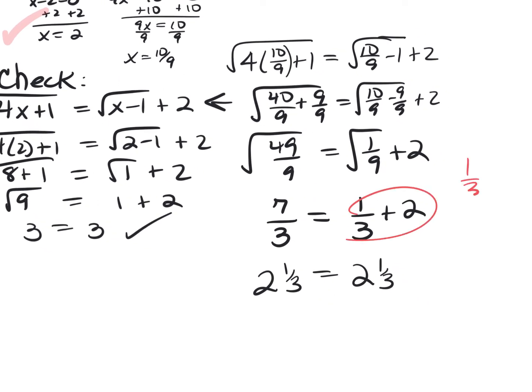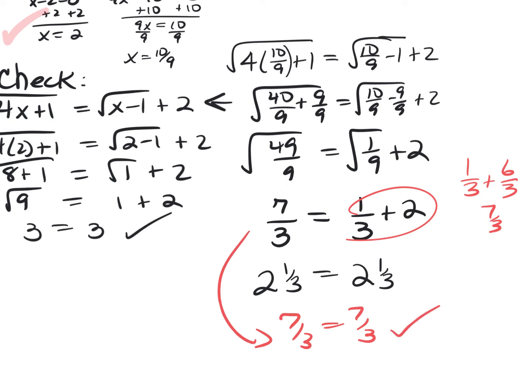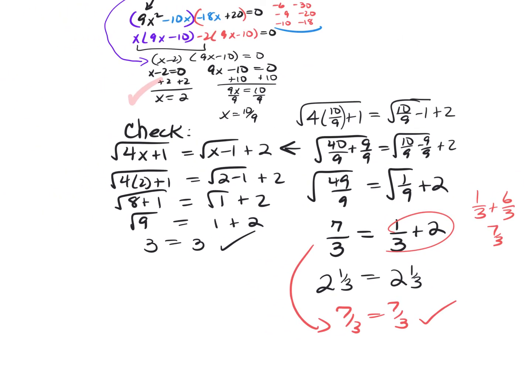You could have done 1/3 plus 6 over 3 and get 7 over 3. And then you could have gotten 7 over 3 equals 7 over 3. Just rewrite it down here. Either way, it checks out. So both positive 2 and 10 over 9 are good answers.